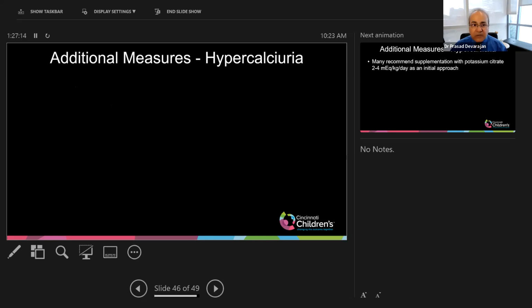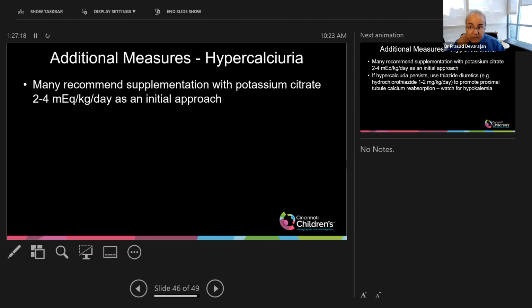What about hypercalciuria? What additional measures can we do? Typically, we treat them like hypocitraturia, and we first start treatment with potassium citrate supplements, even if it's hypercalciuria. Because like I told you, if you increase the amount of citrate in the kidney, even if you have high levels of calcium, the calcium will bind the citrate, it's soluble, we'll pee it out, end of story.